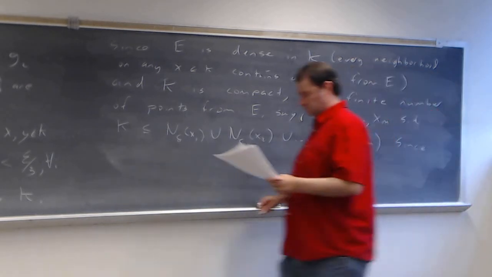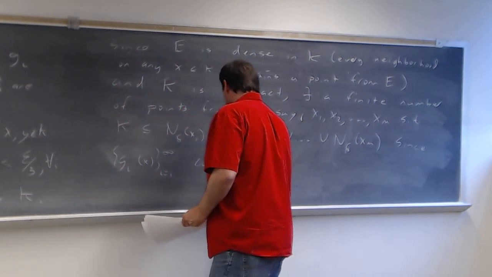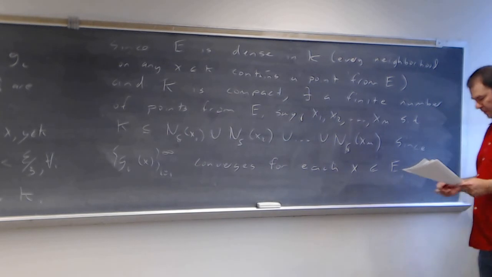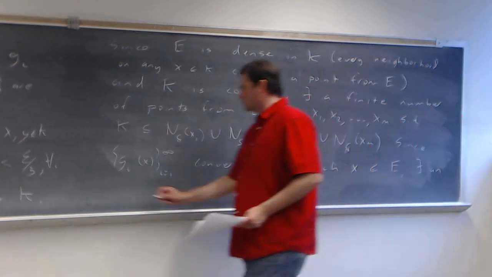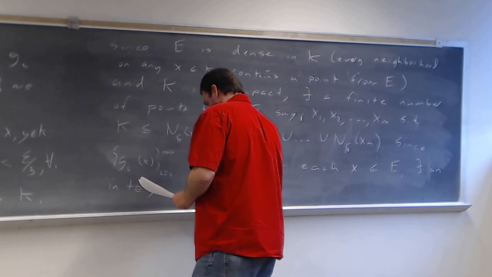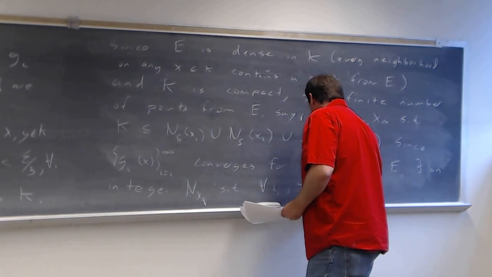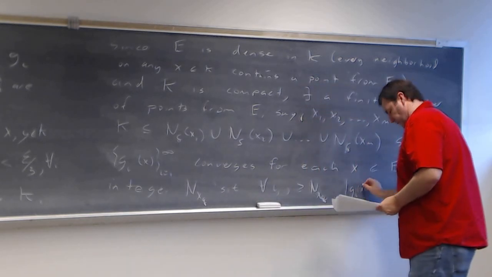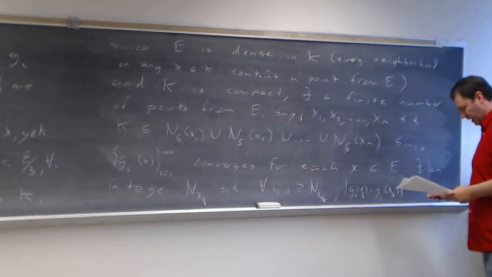Since the g_i(x) converges for each x, then there exists an integer N_{x_q}, we'll say, such that for all i and j bigger than or equal to N_{x_q}, then |g_i(x_q) - g_j(x_q)| will be less than epsilon over 3.